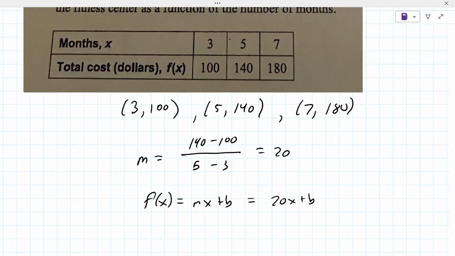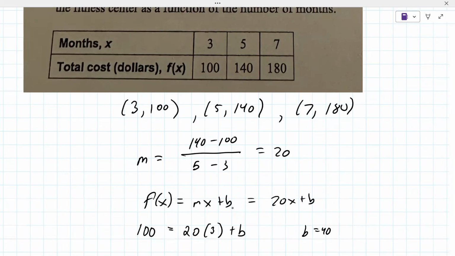Then the equation would be f of x is 20x plus b, so plug it back in. 100 equals 60 plus b, so then b is 40.